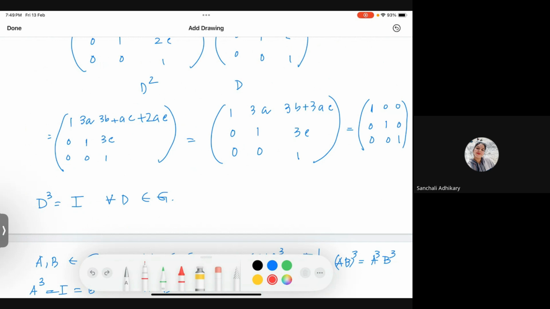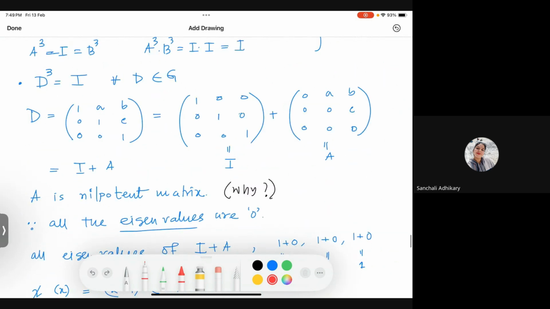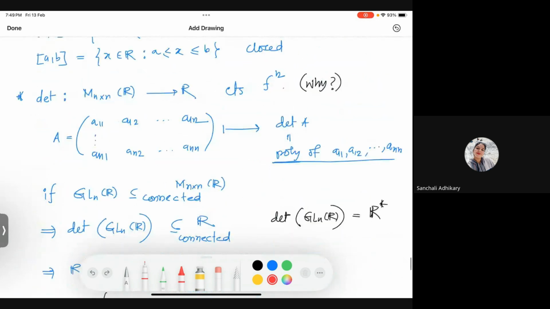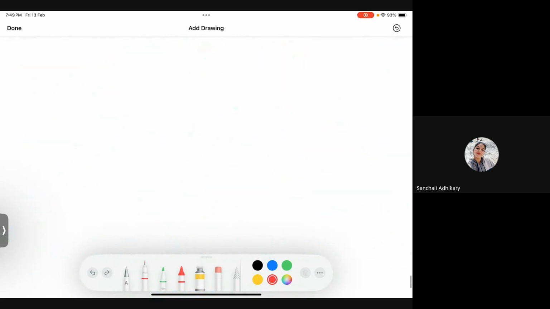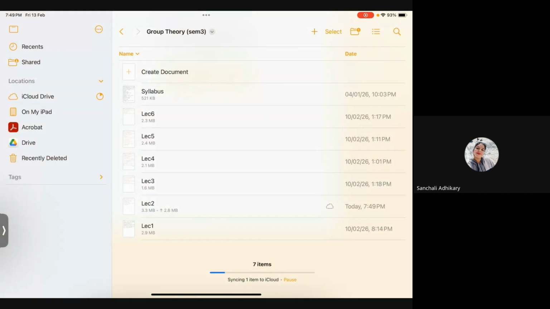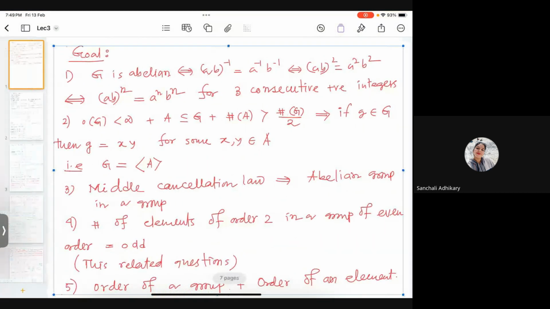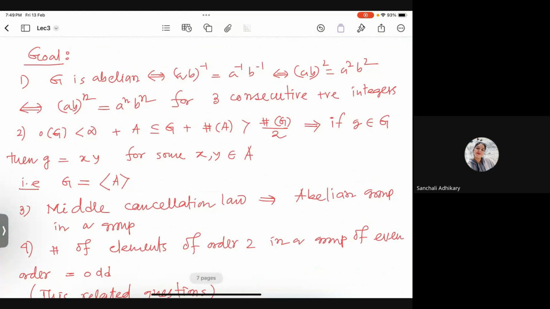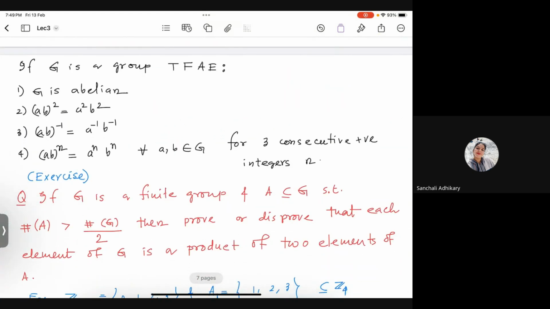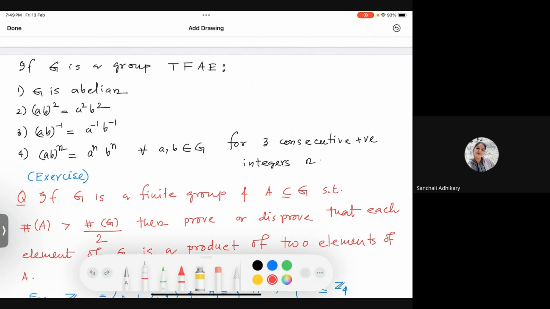I first find D squared, then find D cubed. This was done in the last lecture, right? I already told this.